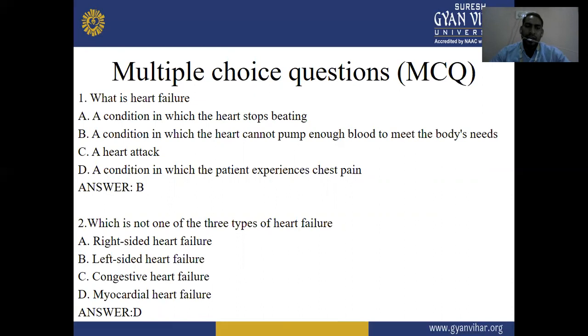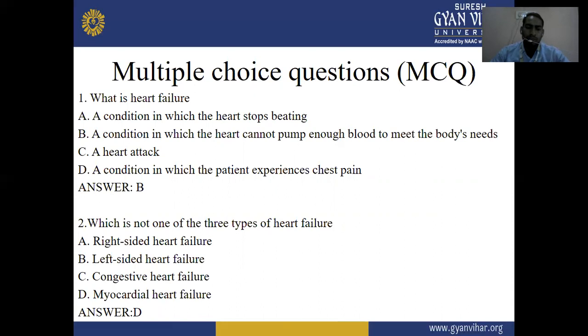Option C, a heart attack. Option D, a condition in which the patient experiences chest pain. The right answer is B. This is heart failure.